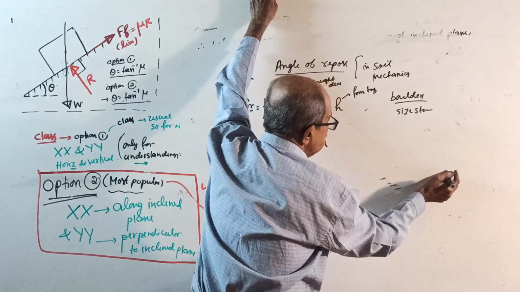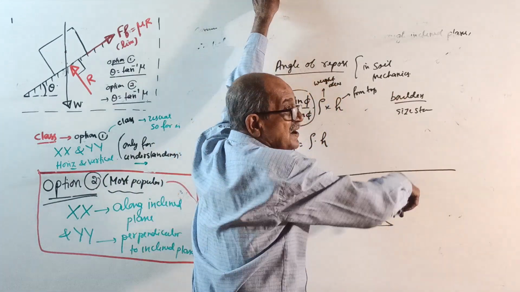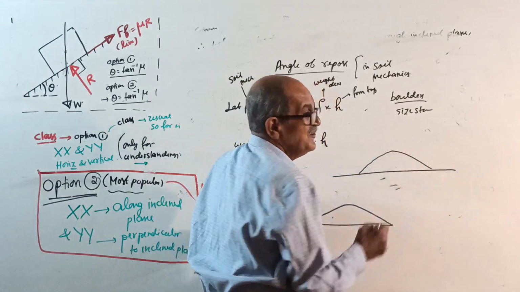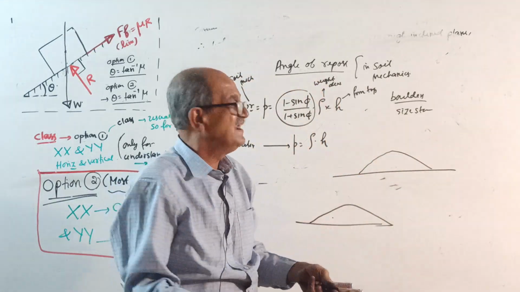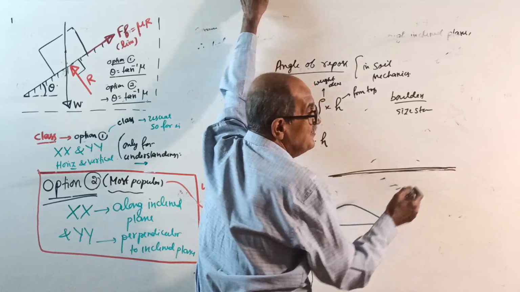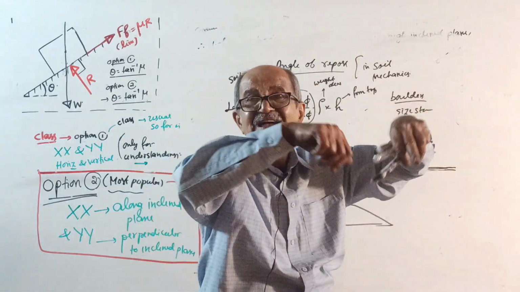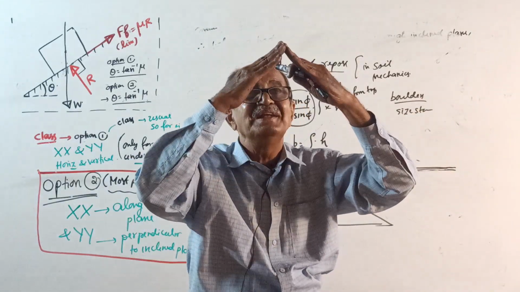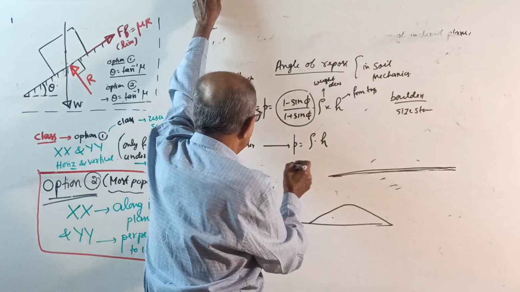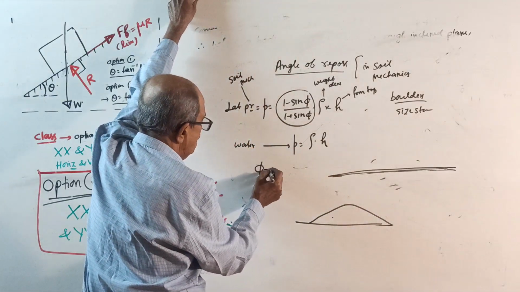Suppose you have a horizontal surface and pour water. Water will not stand like this, it will rest flat like this only. So for water, phi equals 0 degrees.